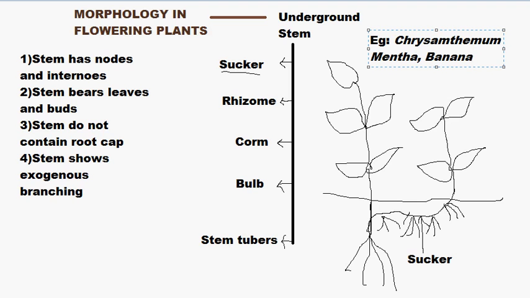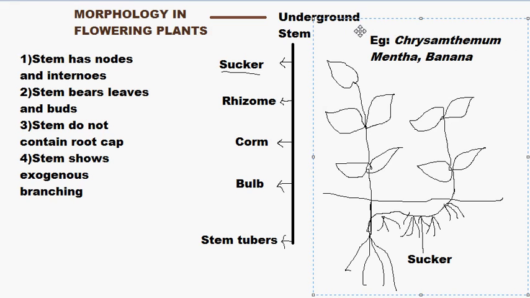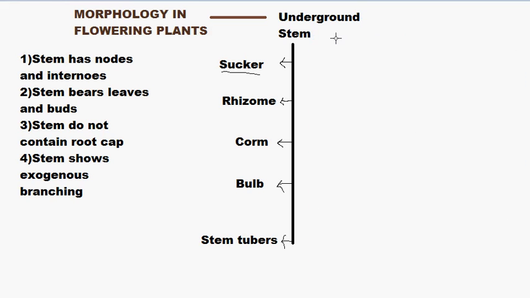So what is the rhizome? First, to understand rhizome, the first thing we need to do is clear off this part so that I have some space, right? Okay, rhizome.